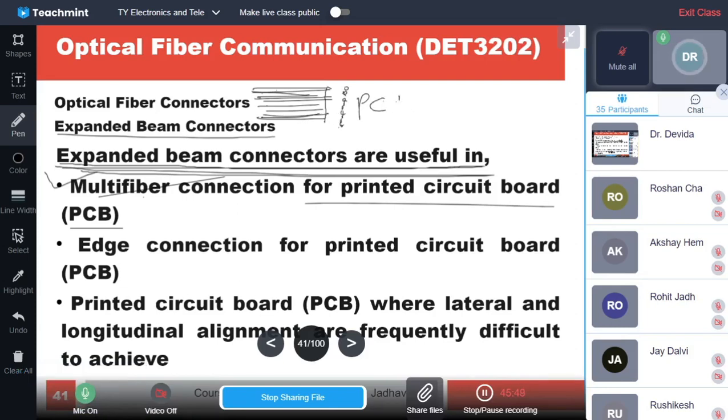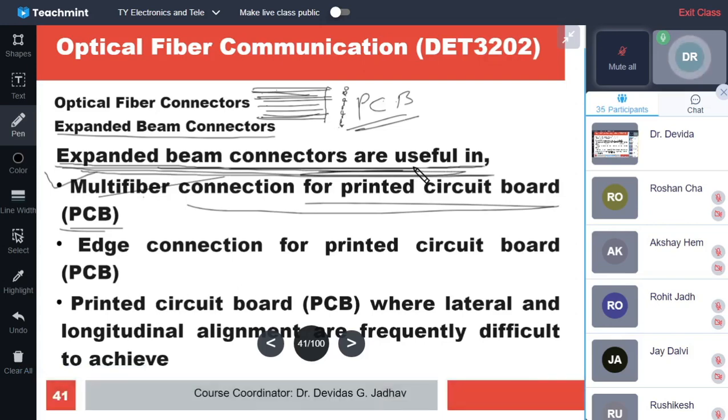Okay, so it is required on PCB, printed circuit board. For multi-fiber connection on a printed circuit board, these expanded beam connectors are very much useful. On a printed circuit board there is a multi-fiber connection and multi-fiber connectors.